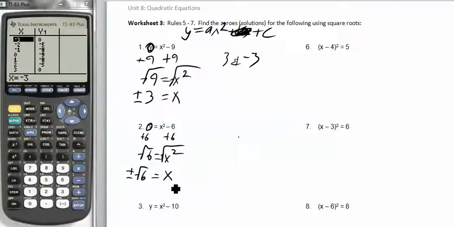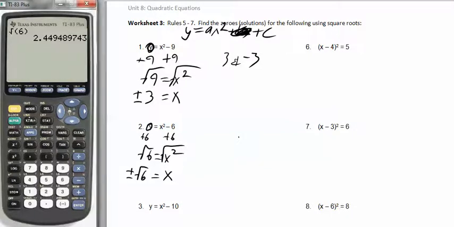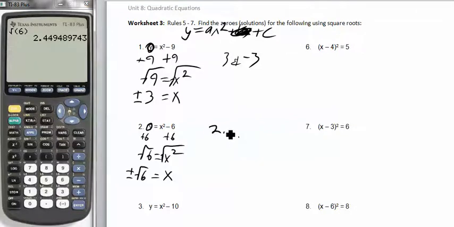A lot of times they'll just leave it like that. But if we go into the regular calculator and do the square root of 6, we find that it's 2.4494, and so forth. We can round this to 2.45 or just to 2.4. But remember, it's not just going to be plus 2.4, which is all the calculator will tell you.